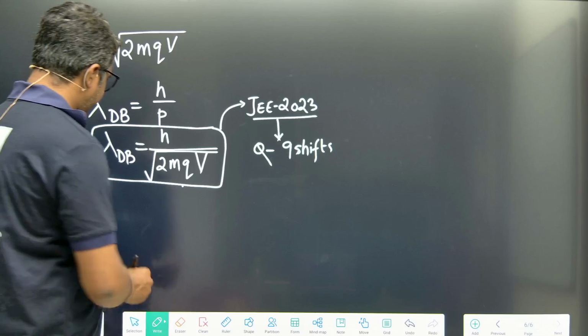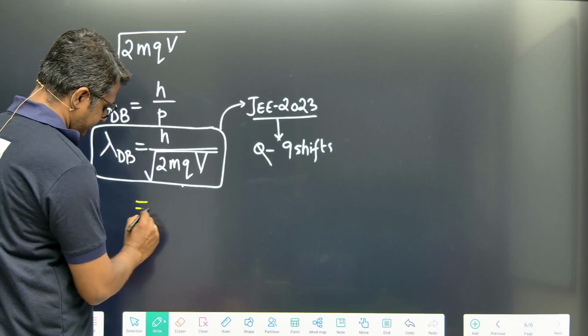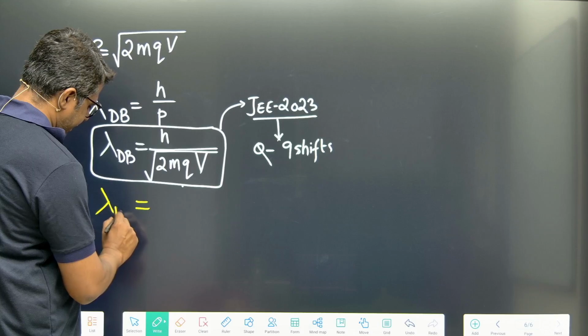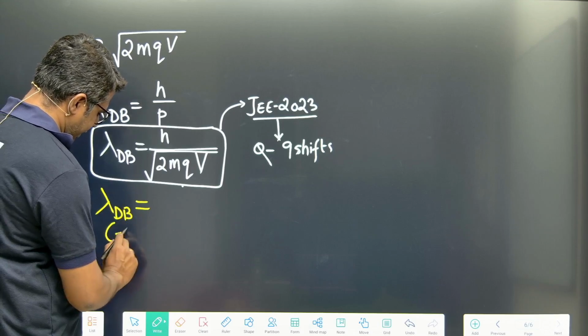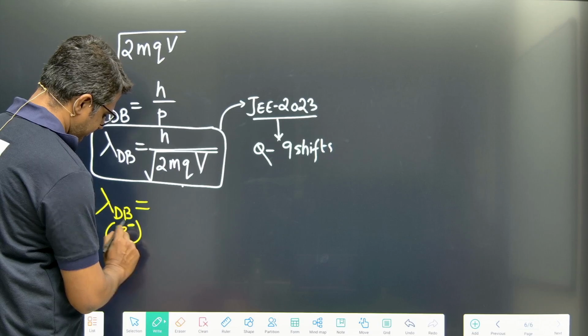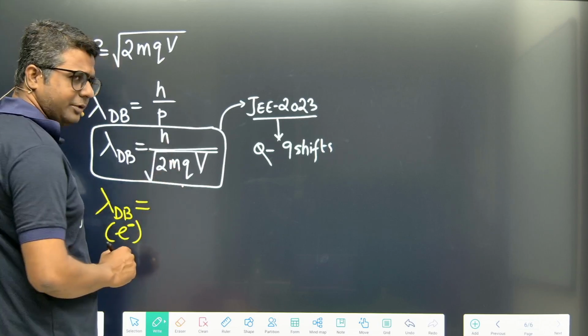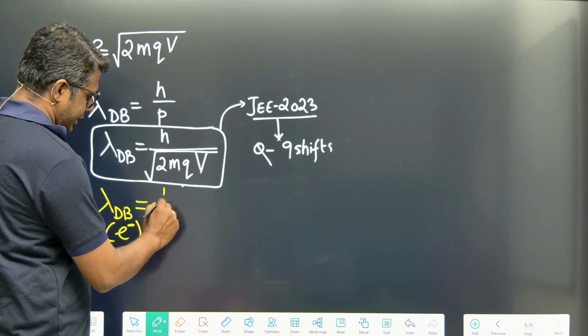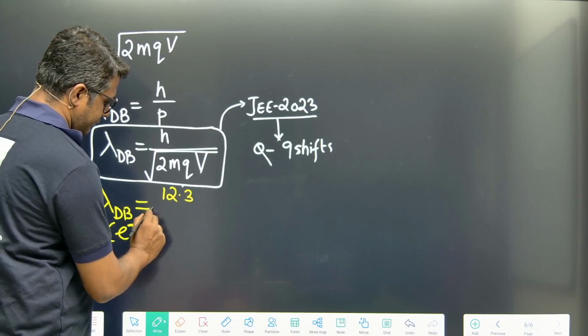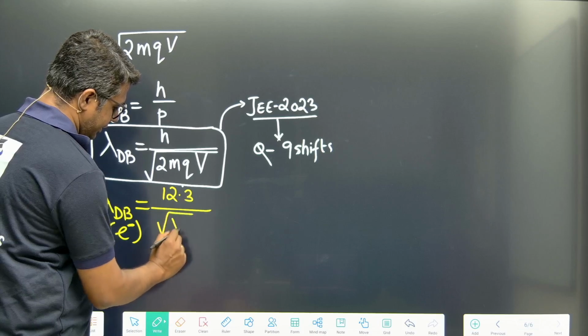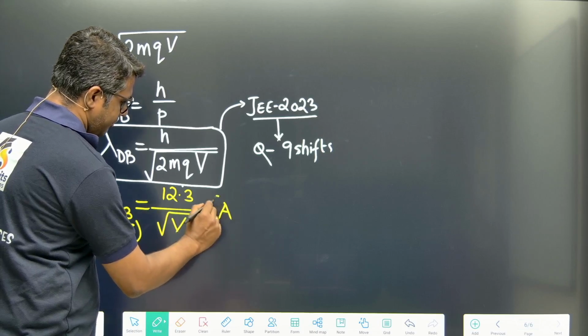Why was I talking about 2023? For the de Broglie wavelength of an electron, this formula can also be written as 12.3 by root V angstrom.